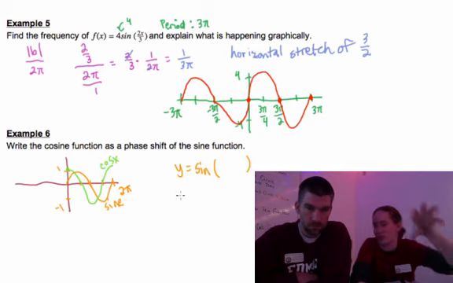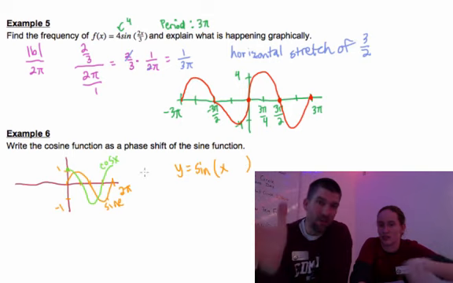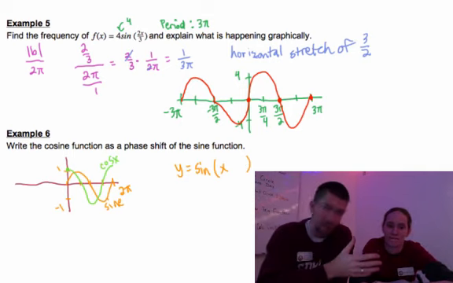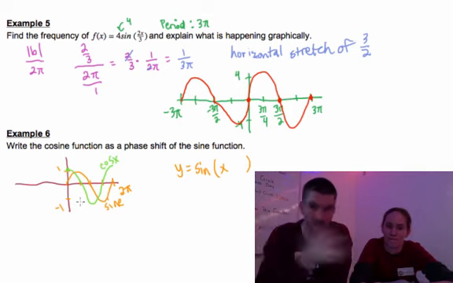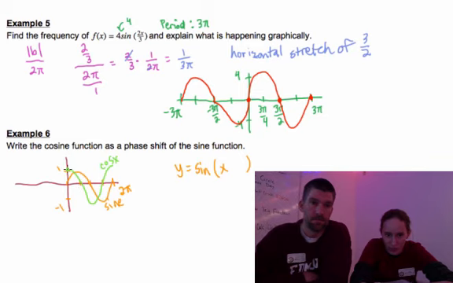Since we're talking about a phase shift, which is a horizontal shift, it's going to either be adding or subtracting something to x, exactly like what you did with all the previous functions where we've had to move left and right. It's the exact same thing. So what we're doing is cosine, which is what we're trying to write as sine. All of these points are what? This is pi over 2.